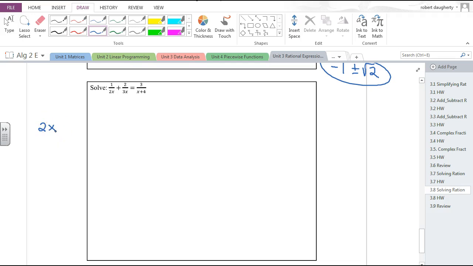My common denominator must have a 3x in it. Well, I've already got an x, so it's got to have a 2, an x, a 3, and an x. And it also has to have an x plus 4. So this common denominator is 6x times x plus 4. So I'm going to multiply the entire equation by 6x times x plus 4.